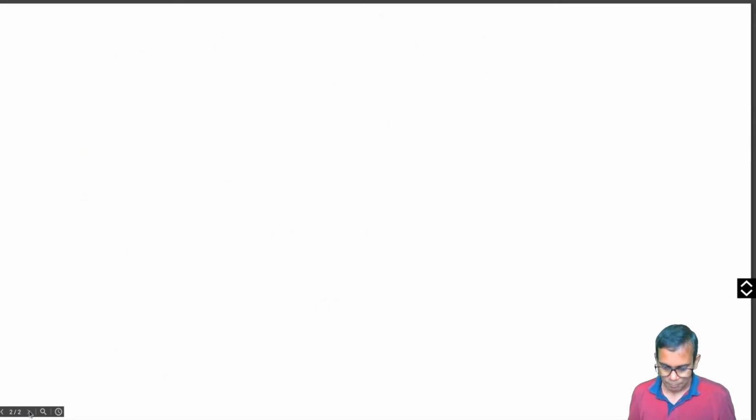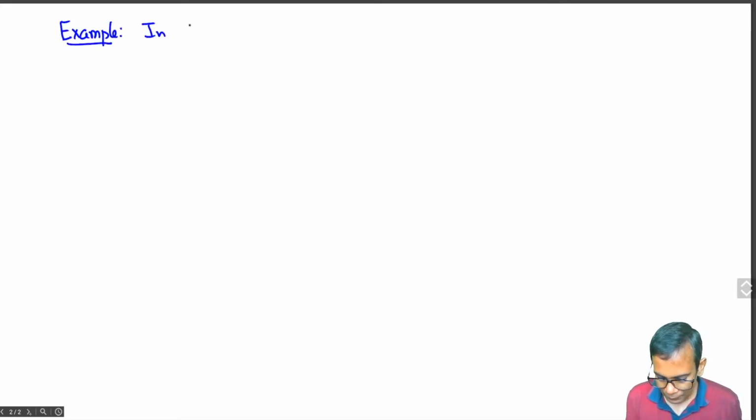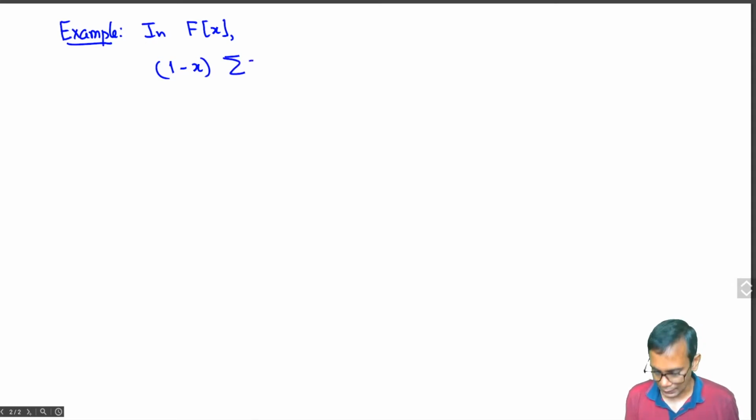Let me give you an example of a calculation, a simple but not completely trivial calculation in this ring. Here any field will work. In F double square brackets x, we have 1 minus x into summation x to the n.